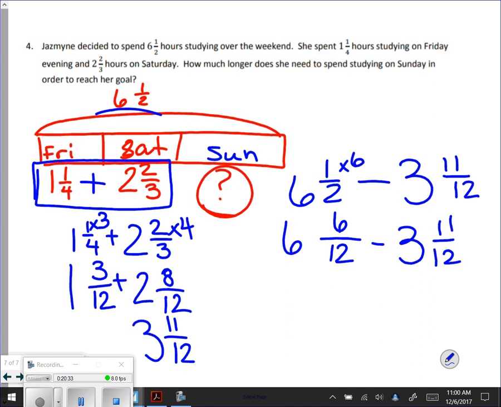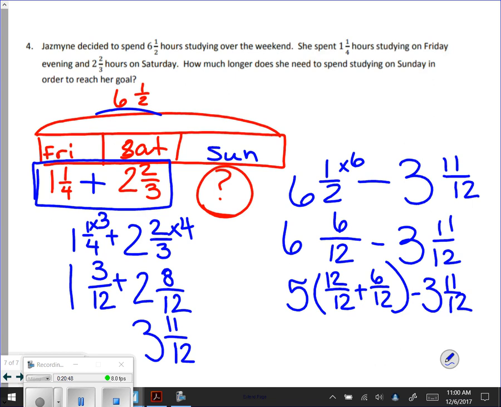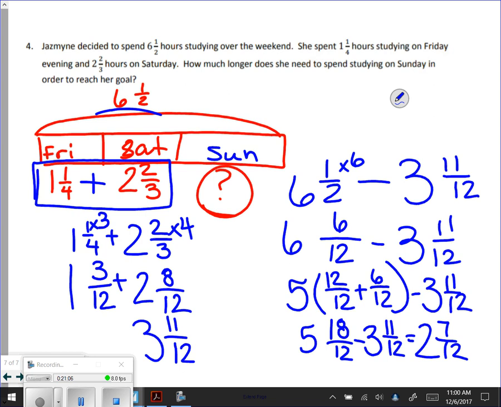You can't subtract 6 minus 11. 6 becomes a 5, 12 twelfths plus 6 twelfths. This is 18 twelfths. 2 and 7/12 hours is what she needs to do on Sunday. I did that.